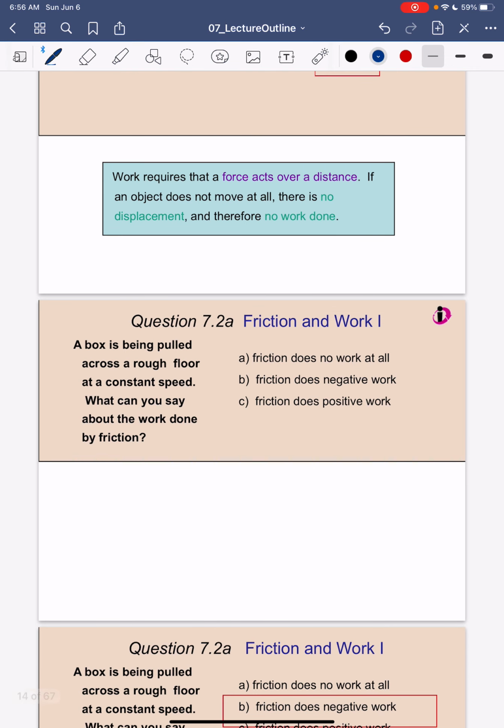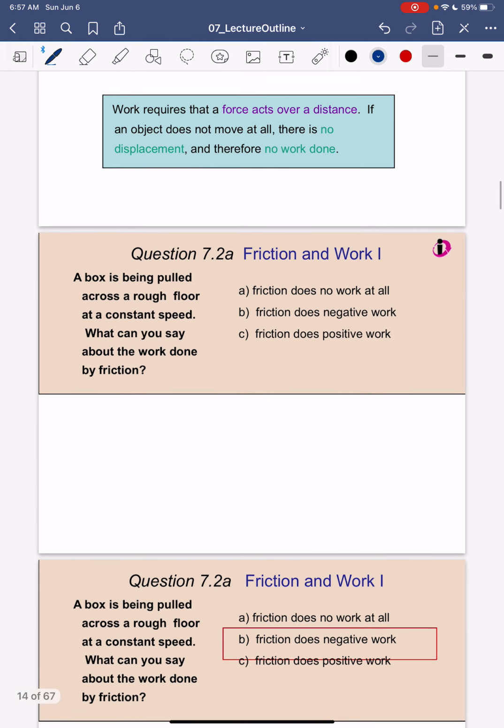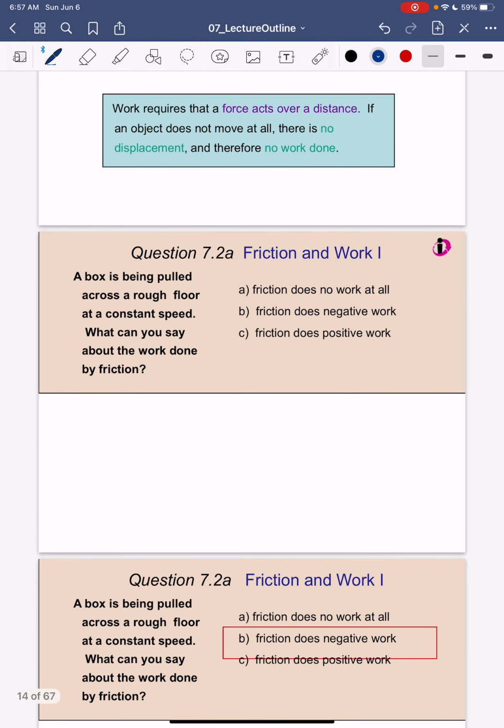Now for the conceptual question here, number 2: a box is being pulled across a rough floor at a constant speed. What can we say about the work done by friction? Okay, here the work done by friction is going to be negative, because remember cosine 180 is negative 1.